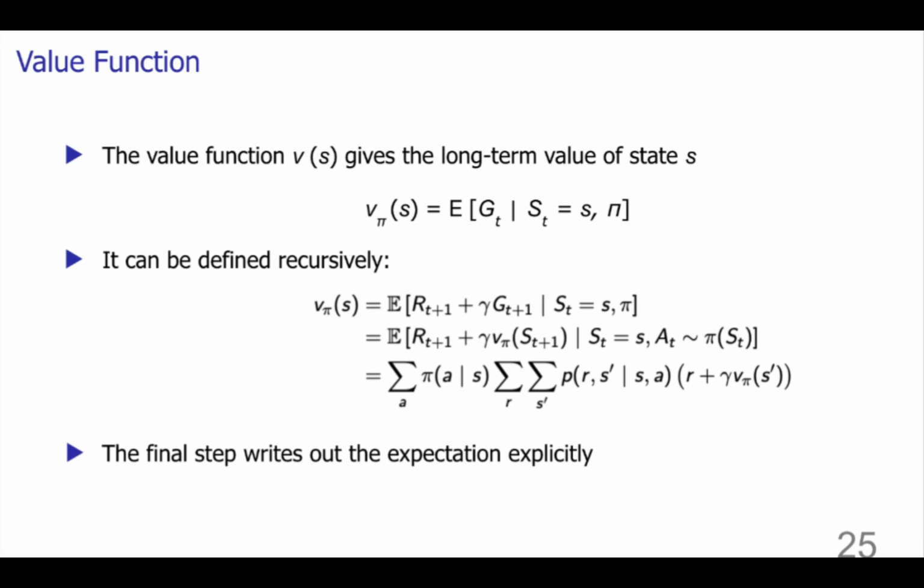From the value function perspective, the value of a state gives the long-term value of the state, the cumulative reward we discussed earlier. Recursively, it is explained as the expected immediate reward plus the discounted cumulative reward, or cumulative return, given the current state and policy. Then, finally, we marginalize over the policy for any action.